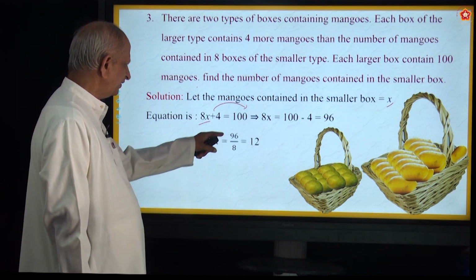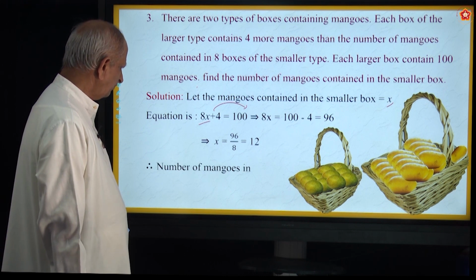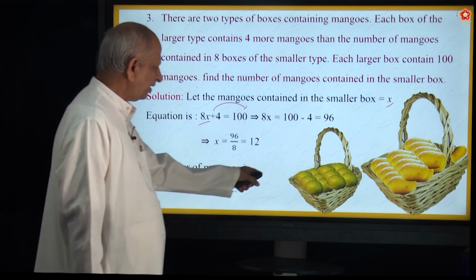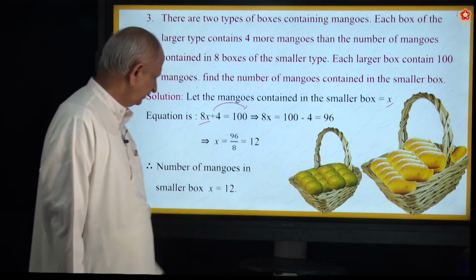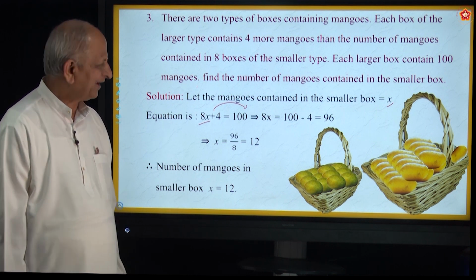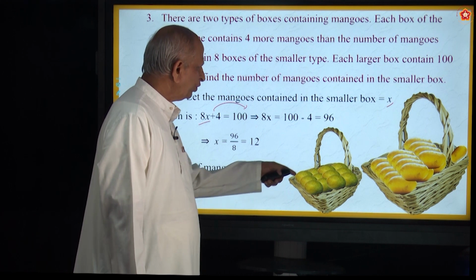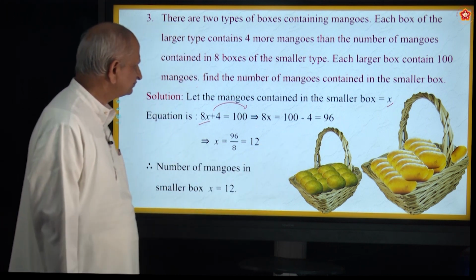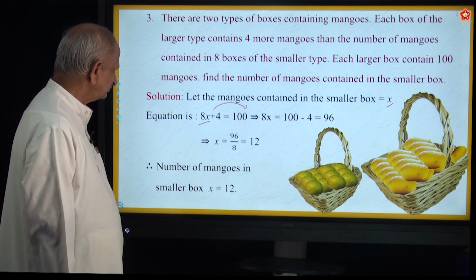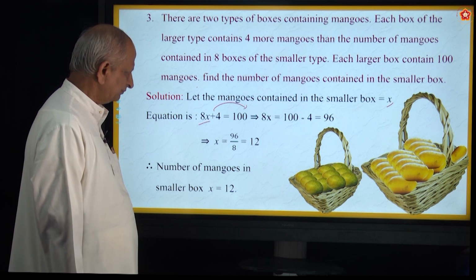X is equal to 96 by 8, that is 12. So the number of mangoes in the small box is 12 only. Number of mangoes in the bigger box is 100. Correct?